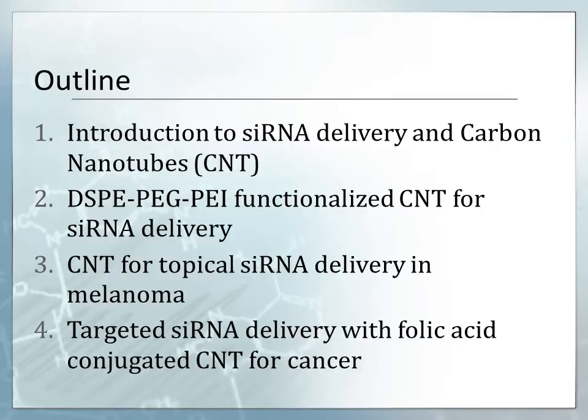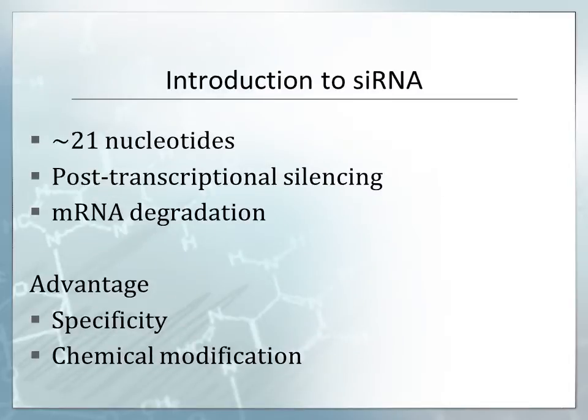The next one is PEI-succinic anhydride modified nanotubes for topical siRNA delivery in melanoma. The last one is folic acid bearing PEI modified nanotubes for targeted siRNA delivery into tumor.